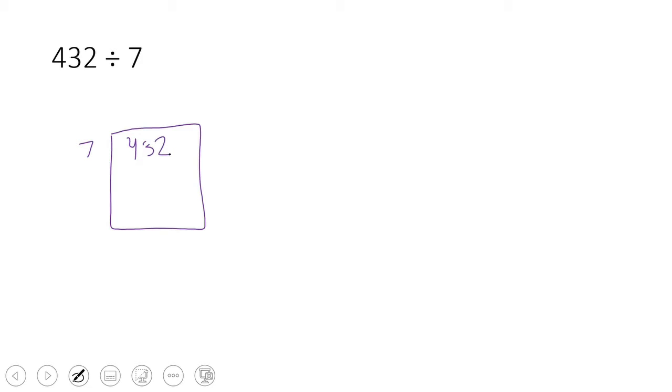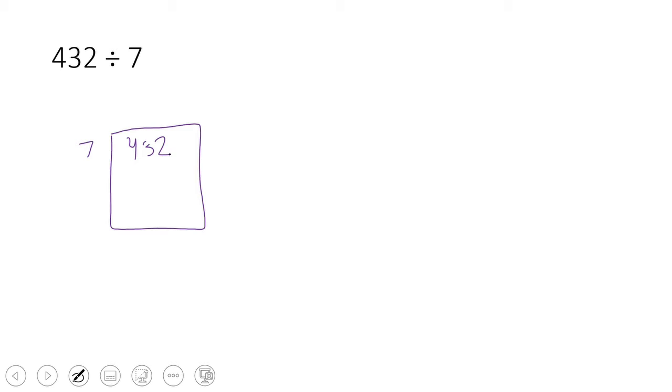Okay, now the first thing we want to ask is, what nice number do I know that I can multiply 7 by to get kind of close to 432? Well, I think about different numbers and estimating that I know. And I think of the number 5, because I know 7 times 5 is 35. But that's not nearly close enough to 432.